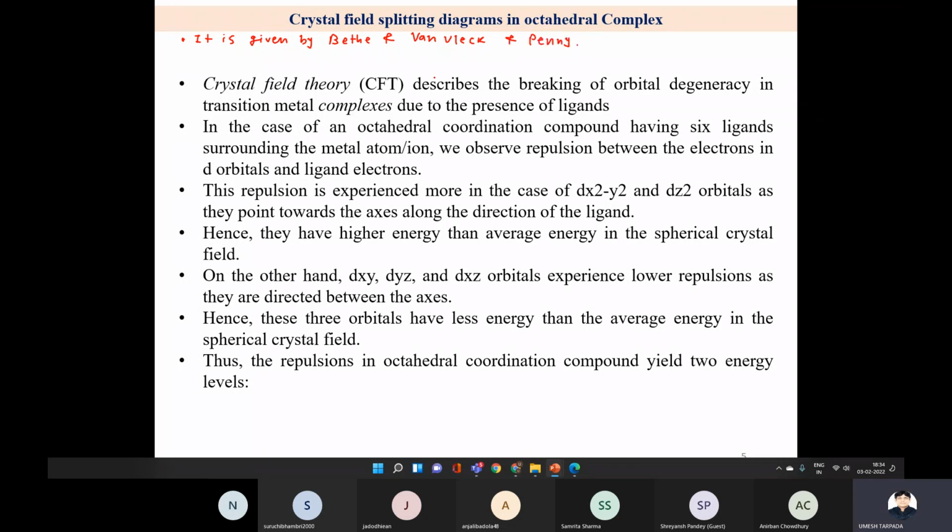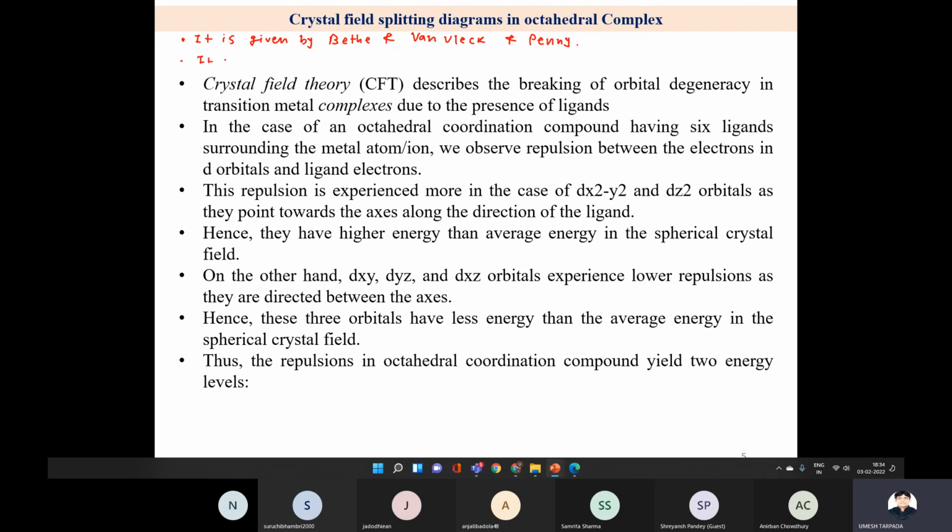So this theory is basically based on the electrostatic force of attraction, that is, repulsion is one kind of electrostatic force, between the ligand and the central metal atom. So that is one kind of ionic bonding.